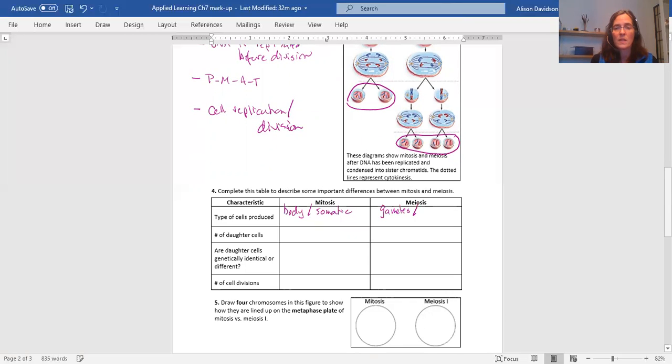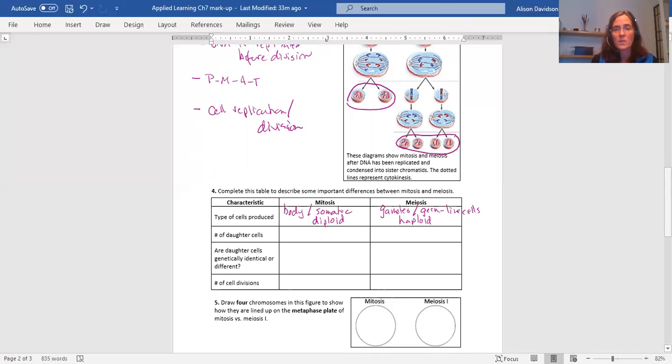We might also see this referred to as germline cells. Also, mitosis will produce diploid cells, so they are genetically identical to the original parent cells, where meiosis produces haploid cells. So either answer there is going to be appropriate.